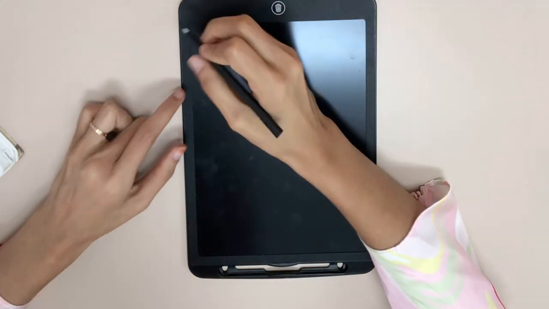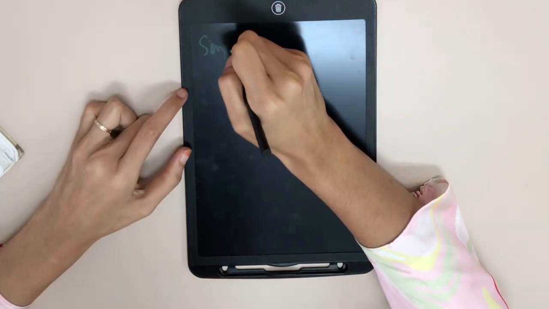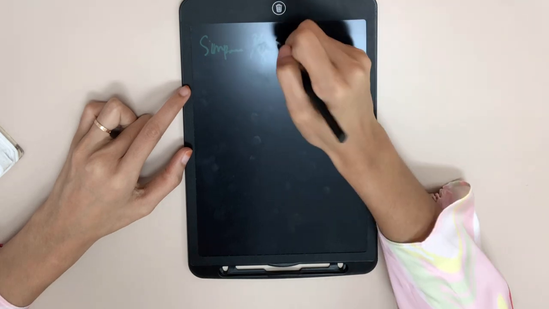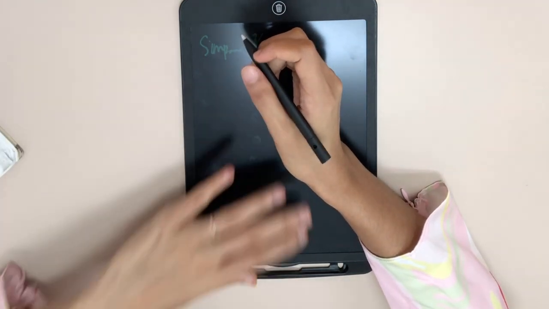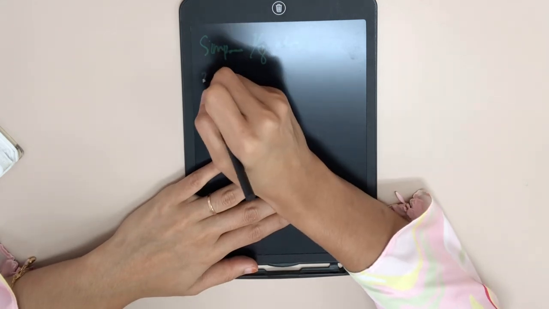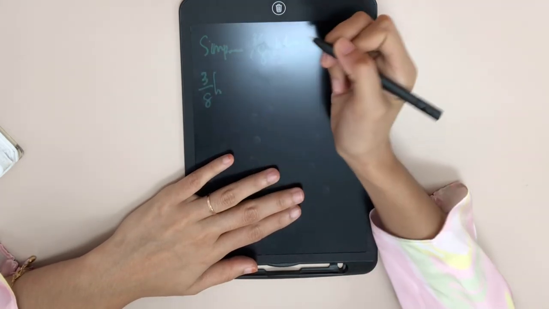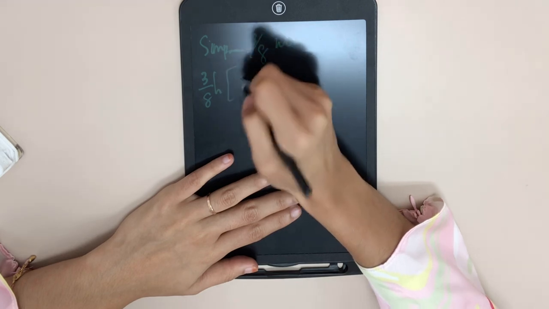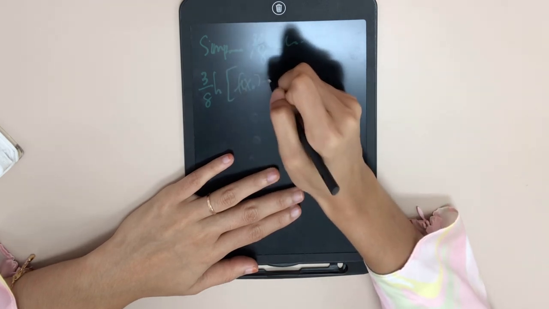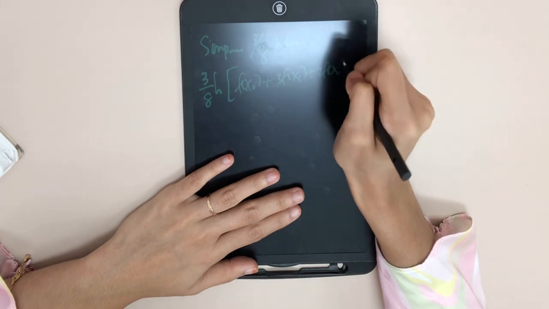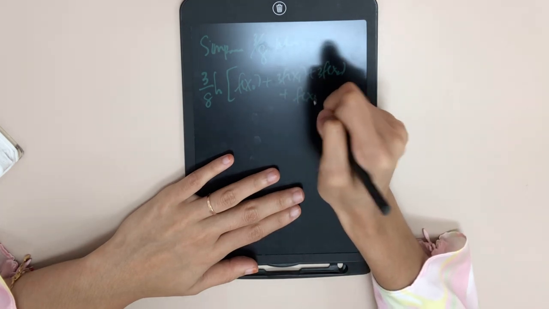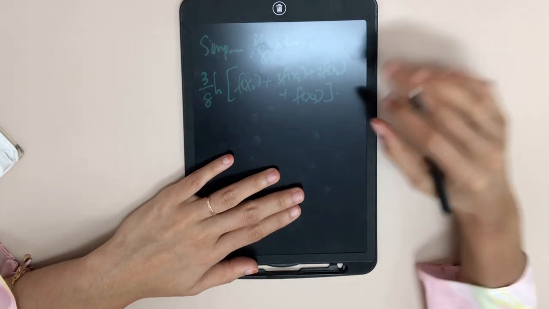Okay, so now we go to the Simpson's 3 over 8 rule. The formula will be 3 over 8h, then f(x0) plus 3f(x1) plus 3f(x2) plus f(x3), and it is already fixed.